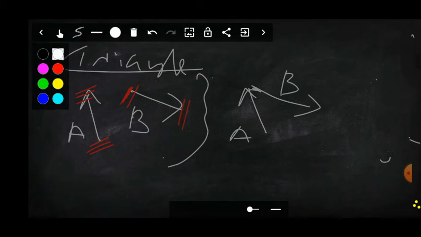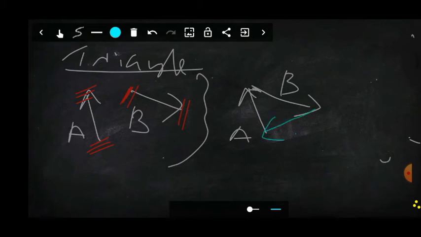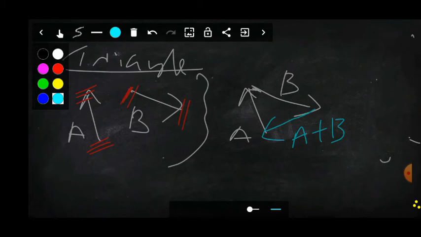What is that? We have to join the head of B and the tail of A. That gives the resultant of these vectors. Vector A plus vector B is given by this particular region.